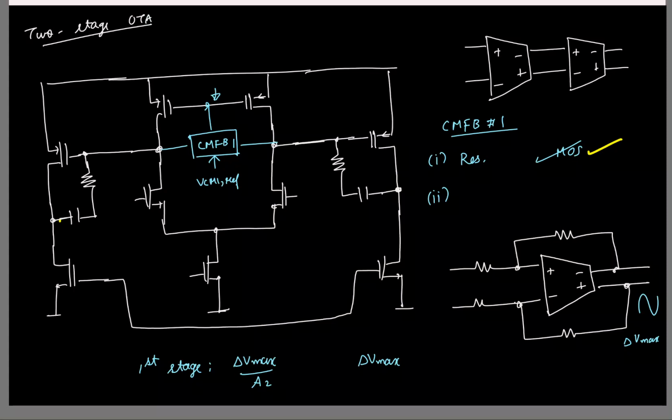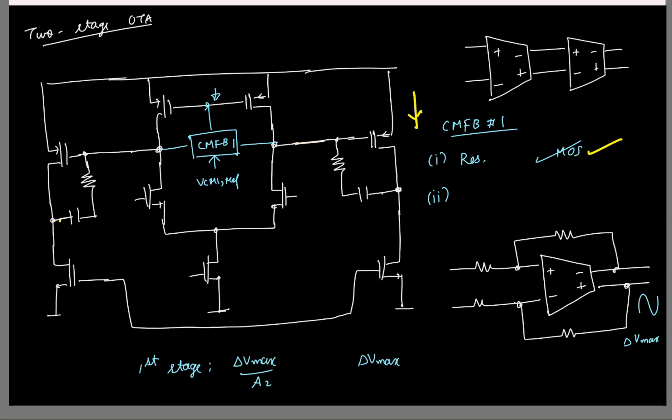If I give this VCM1 ref as the input to my CMFB, what is the output common mode set to? The same value. So this output common mode, is it also controlling something else? It's going to the input of the second stage. So what will that decide? The current. It's going to decide the current here.